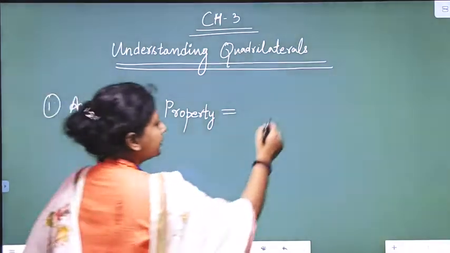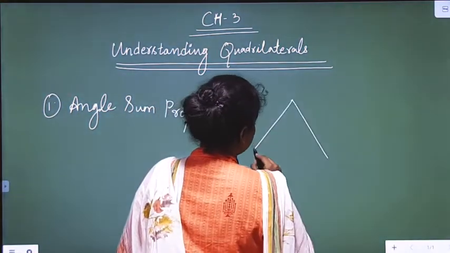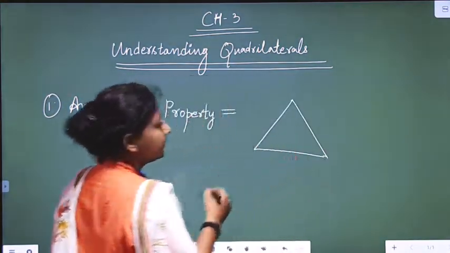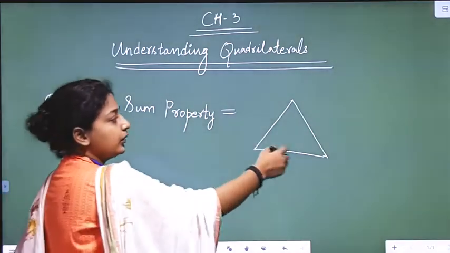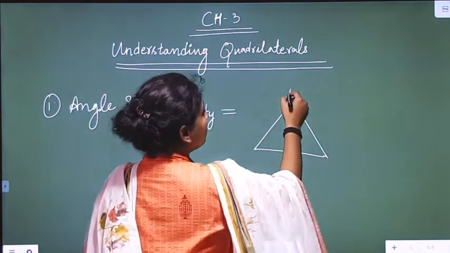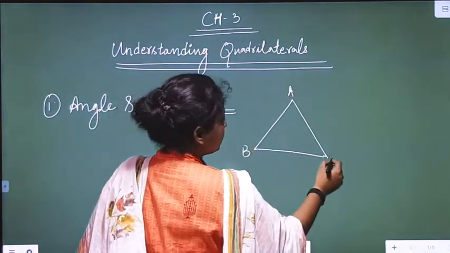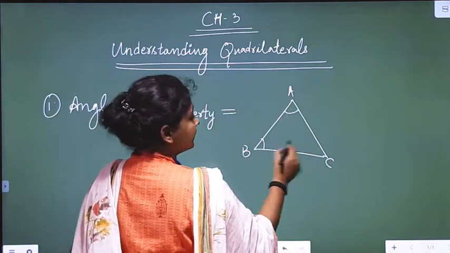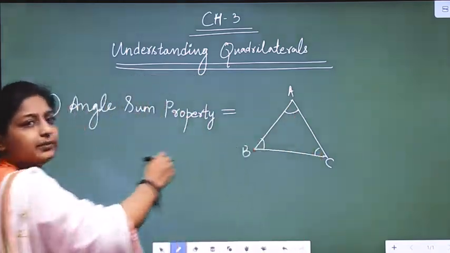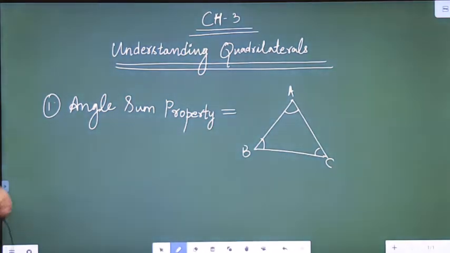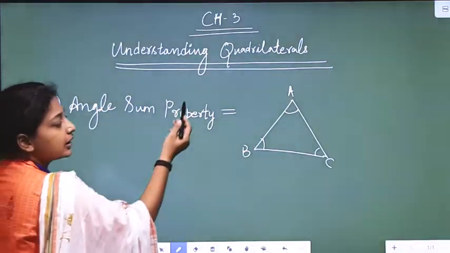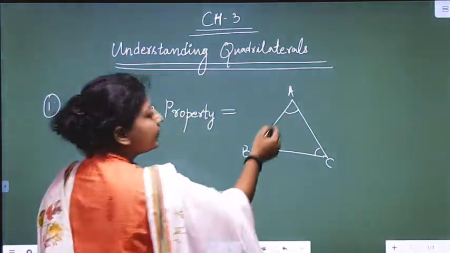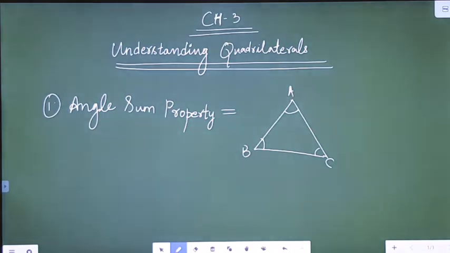For example, we have a triangle, right? A triangle has 3 sides, 1, 2 and 3, and also it has 3 corners, A, B, C, and 3 angles, angle A plus angle B plus angle C. As per the angle sum property, we have to find the sum of all the 3 interior angles.